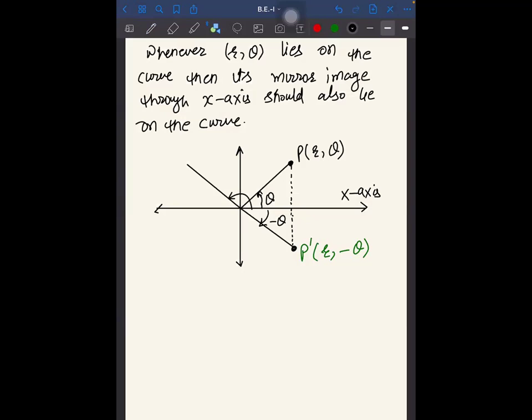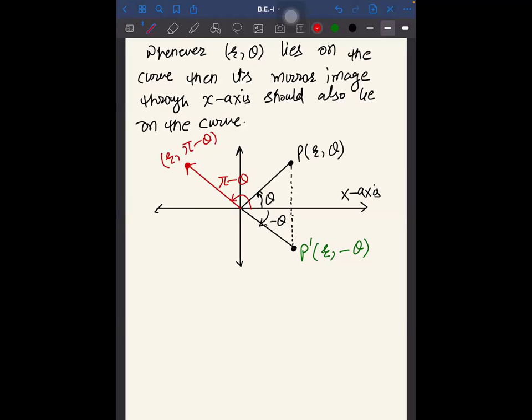Pi minus theta. Yes, this angle, the red one. So this is pi minus theta, and this point is simply r, pi minus theta, because we are moving in the anti-clockwise direction.